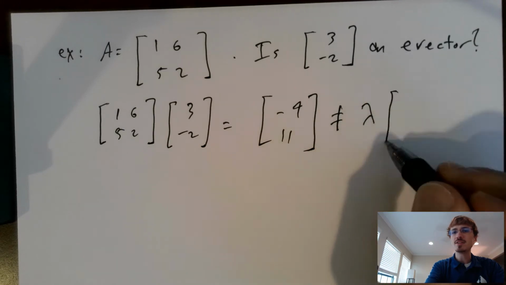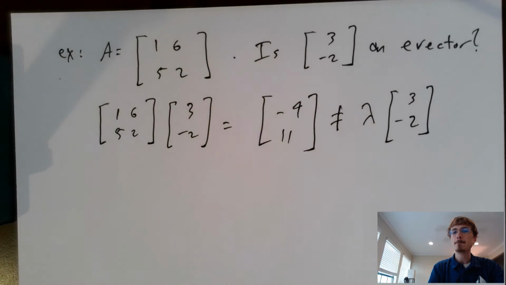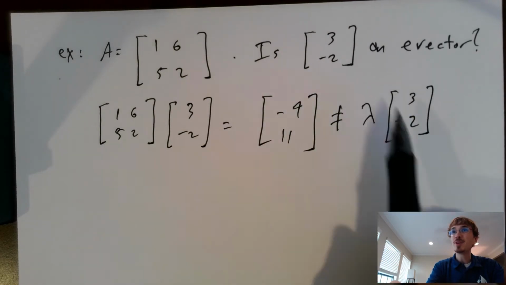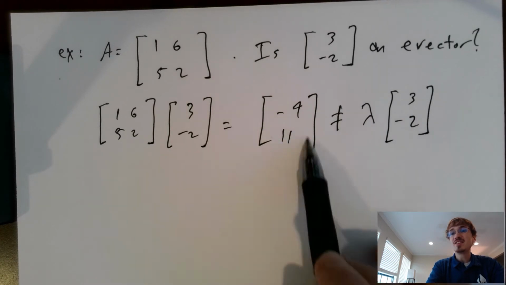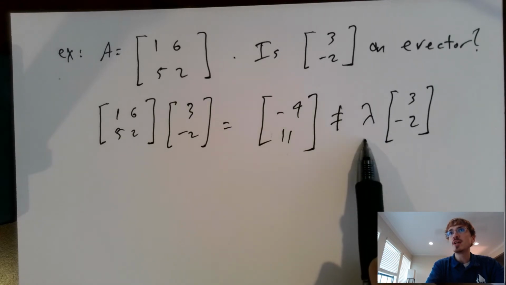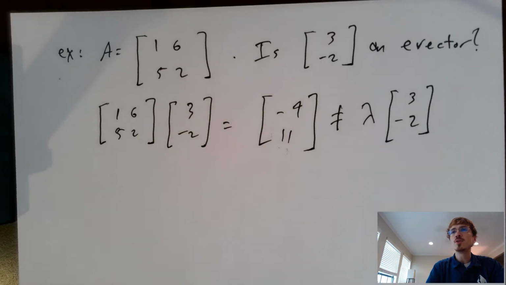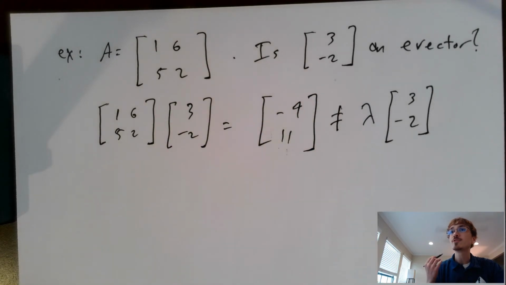Because lambda times 3 is negative 9 means lambda would have to be negative 3, but if lambda is negative 3, this entry would have to be 6, but it's not. So there's no scalar constant such that lambda times our potential eigenvector gives the result of applying the matrix. So this is not an eigenvector. Eigenvectors are very special for us.